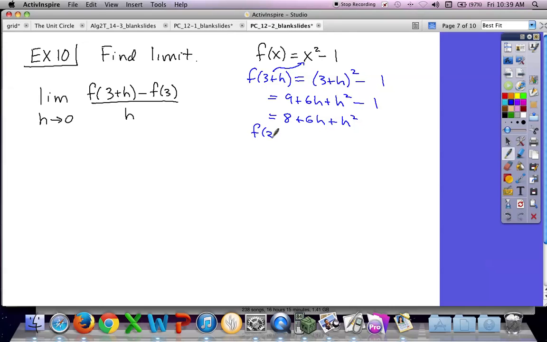Right. f of 3 equals 3 squared minus 1, which is 8. Okay, so we are finding the limit as h approaches 0 of 8 plus 6h plus h squared minus 8 divided by h.